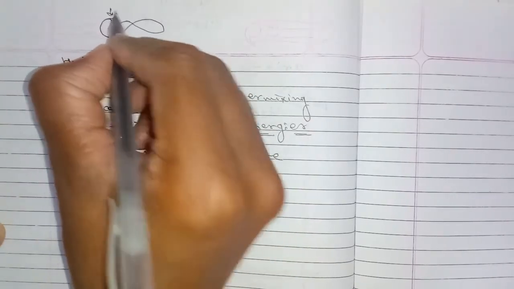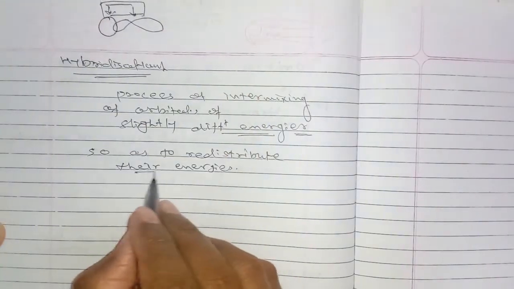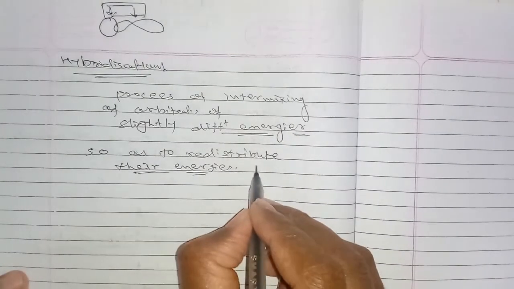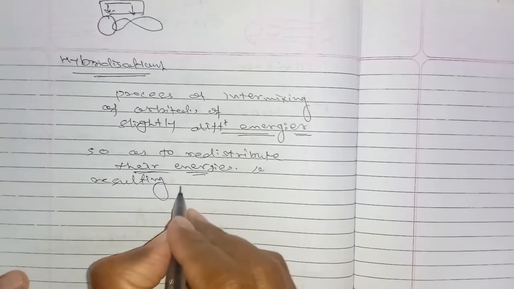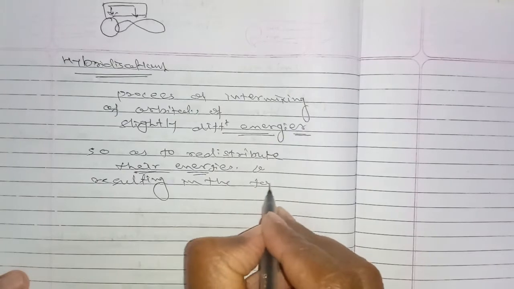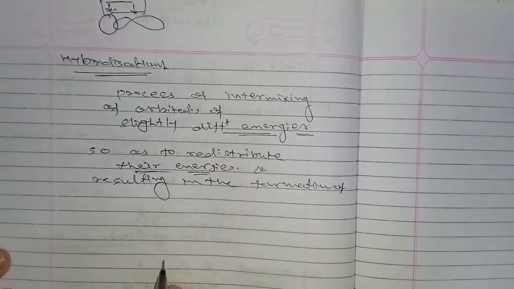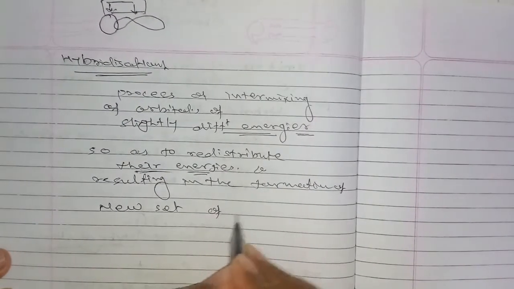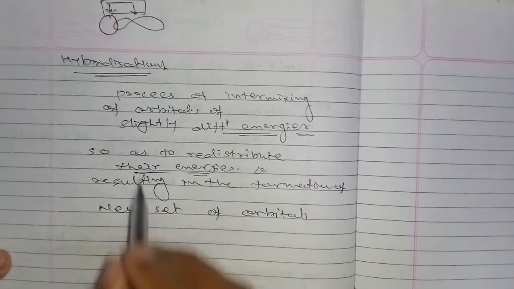So they redistribute their energies, resulting in the formation of a new set of orbitals.